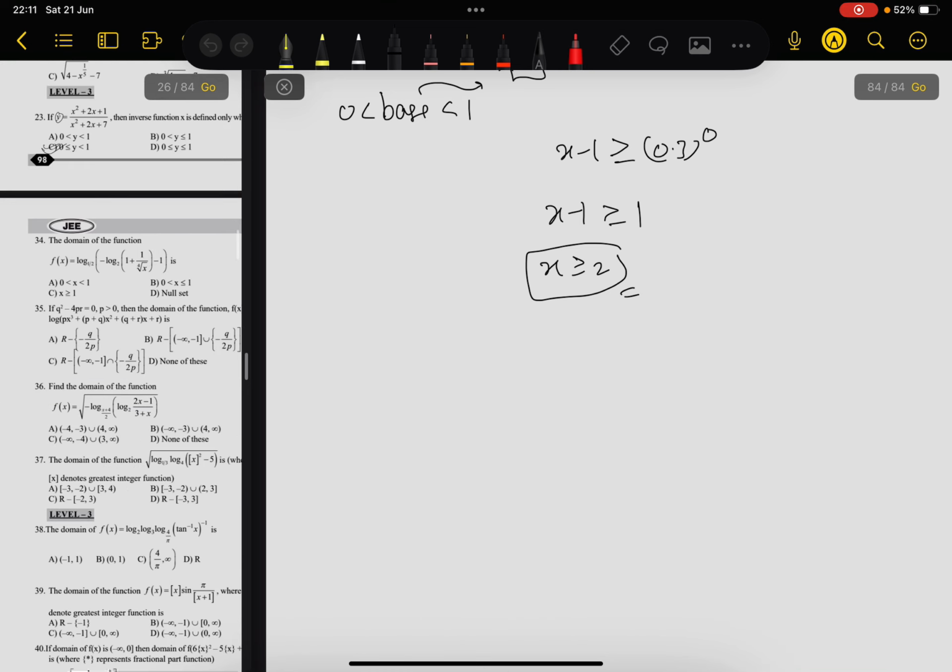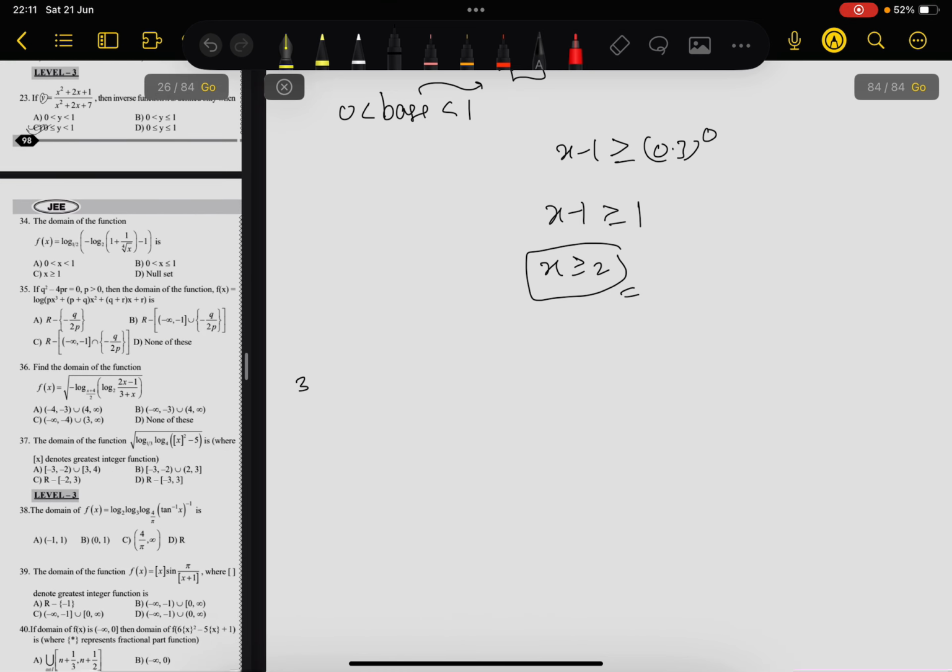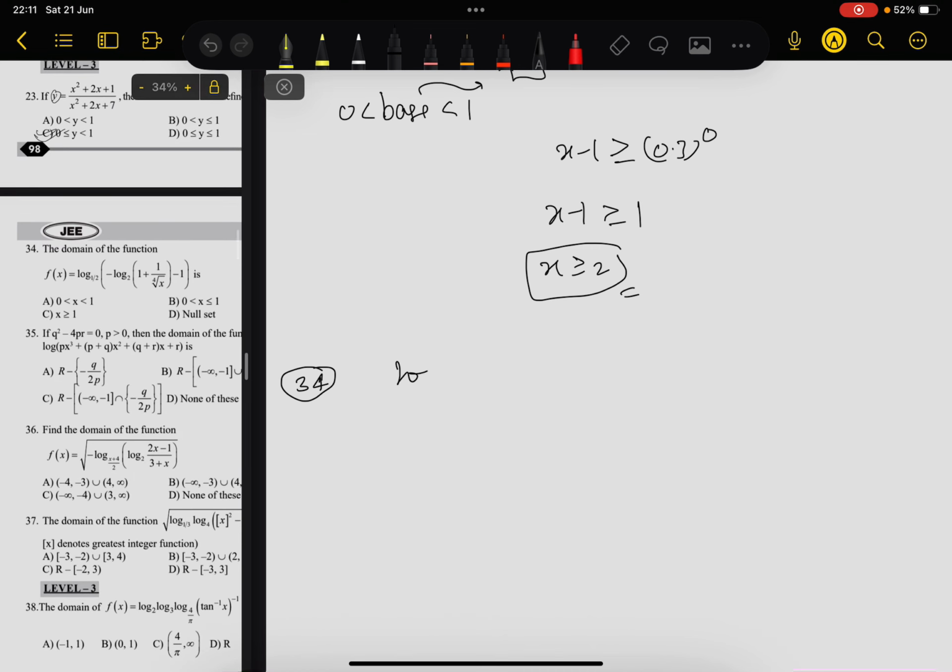So 33, here 34. So here the question is log to the base 1 by 2. These properties I have discussed in the class, I am just explaining some problems. Minus 1, right?